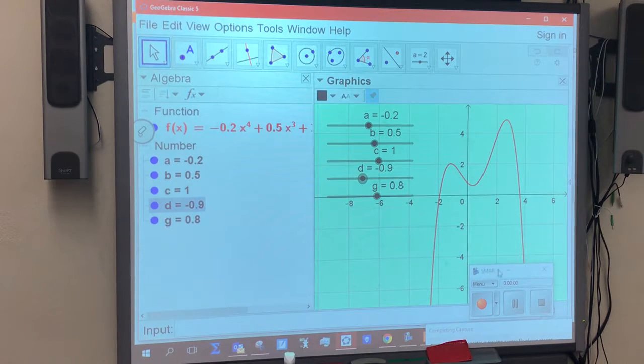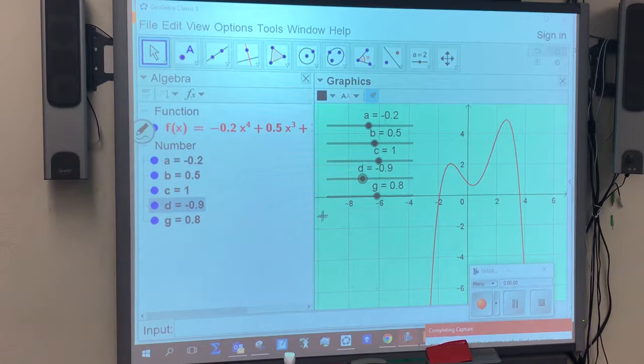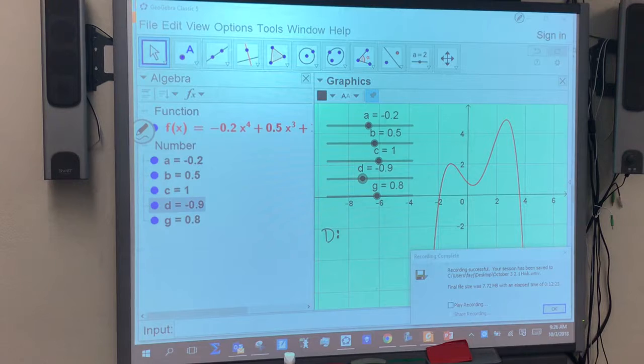So let's look at that function. When I ask you the domain, remember that the domain is the set of x values, the set of input values that you're allowed to plug into the equation and generate an output, get something back.